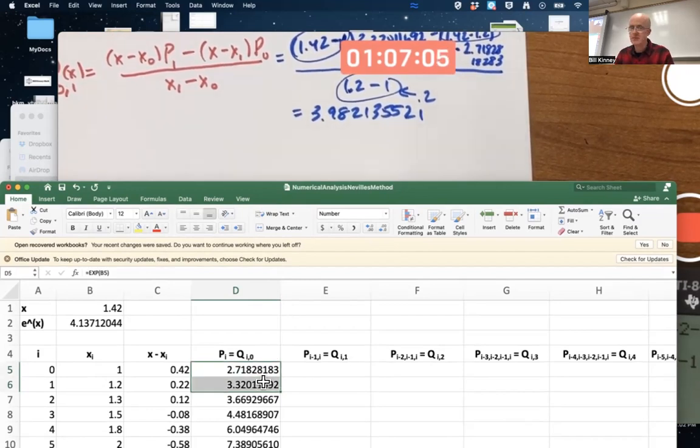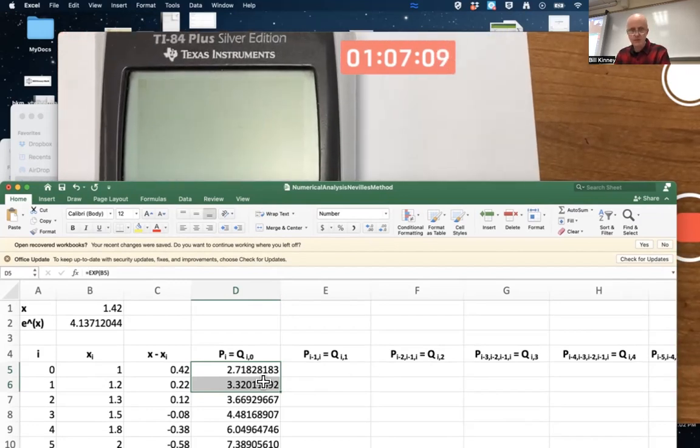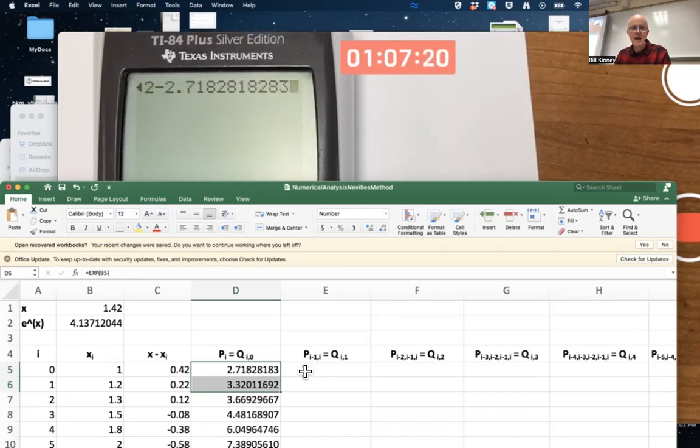The difference of these two numbers, 3.32, 0.11, and 2.7182818283. That difference is 0.6. If we add that to 3.32, 0.11692, it will still not quite be as big as the approximation we got, but it should be close.